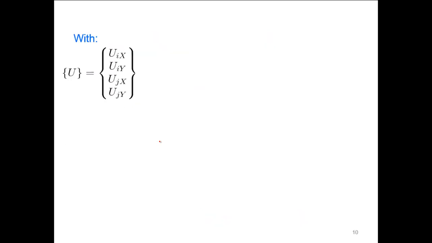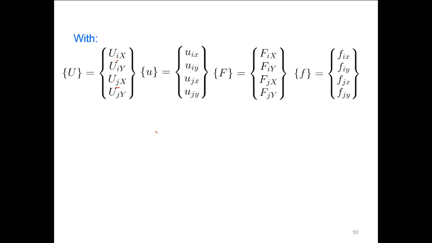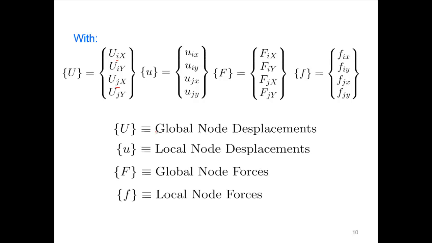So we have the global displacements at either node, node I and node J of our member, and from those we also have the local displacements, as well as global and local forces. All of those, again, the notation as we discussed, are there.